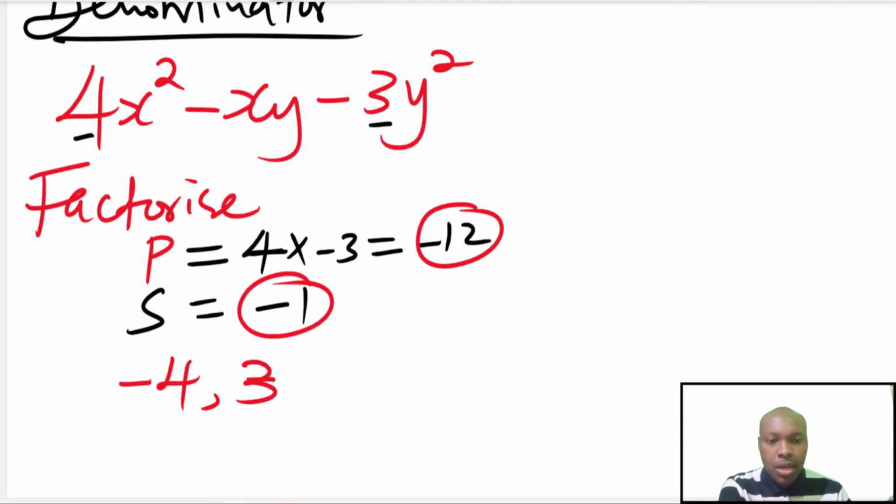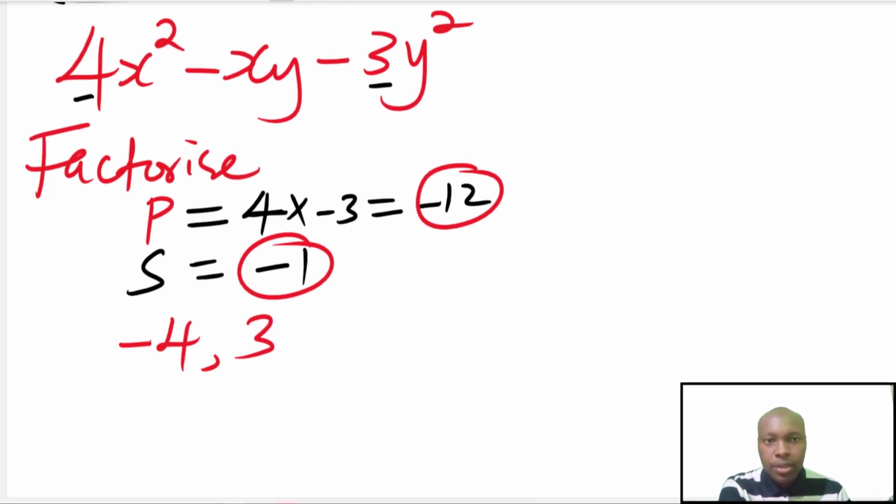The numbers are negative 4 and 3. When you multiply negative 4 by 3 you get negative 12, and when you add negative 4 plus 3, you get negative 1. So those are the numbers.